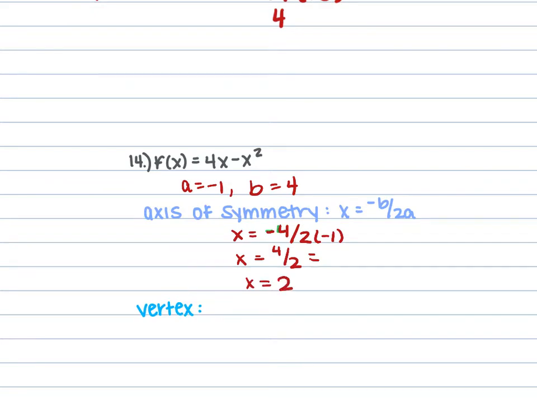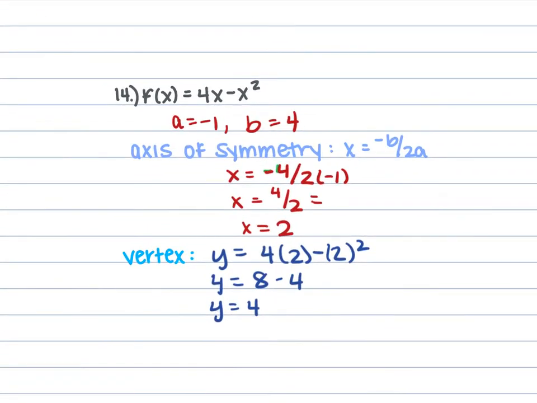Our vertex, we're going to plug that in, so we're going to have y is equal to 4 times 2 minus 2 squared. So 4 times 2 is 8, 2 squared is 4, 8 minus 4 is 4.